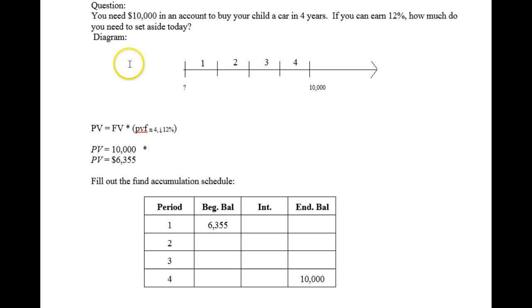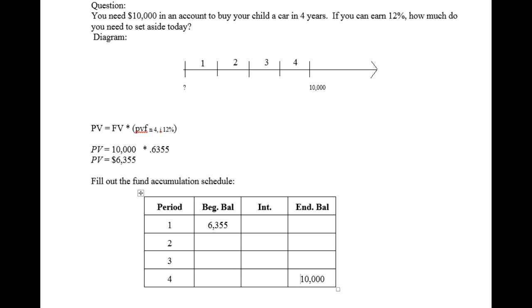So look that up on the table for n equals 4 and i equals 12. The interest factor is 0.6355. 10,000 times 0.6355 equals $6,355.